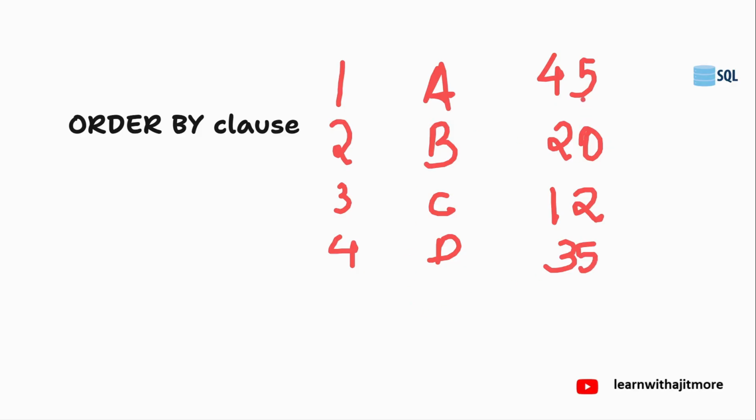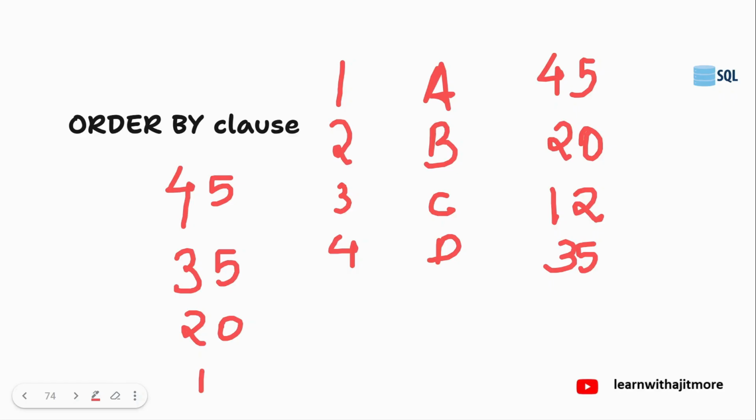And you are arranging on the salary basis. So when you order by salary, suppose in descending, first 45 will come, then 35, then 20, then 12.